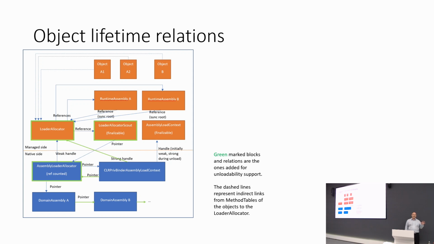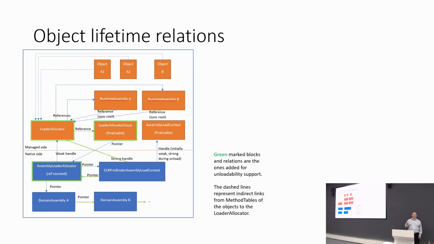The loader allocator itself is a counterpart of a native assembly loader allocator, and this is the thing that manages everything around the unloadability. The native part holds all the native memory allocated for stuff in the context, so that when we destroy it, we can just remove it entirely instead of going one by one, and all the memory gets deallocated that way.